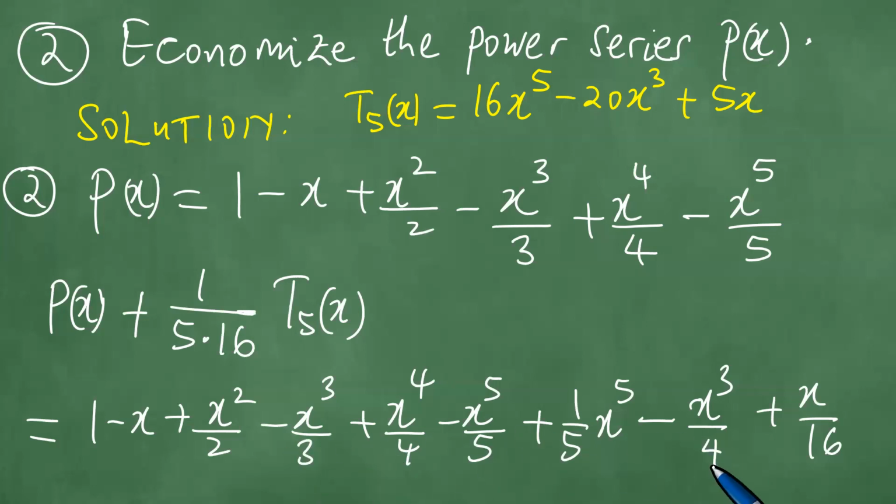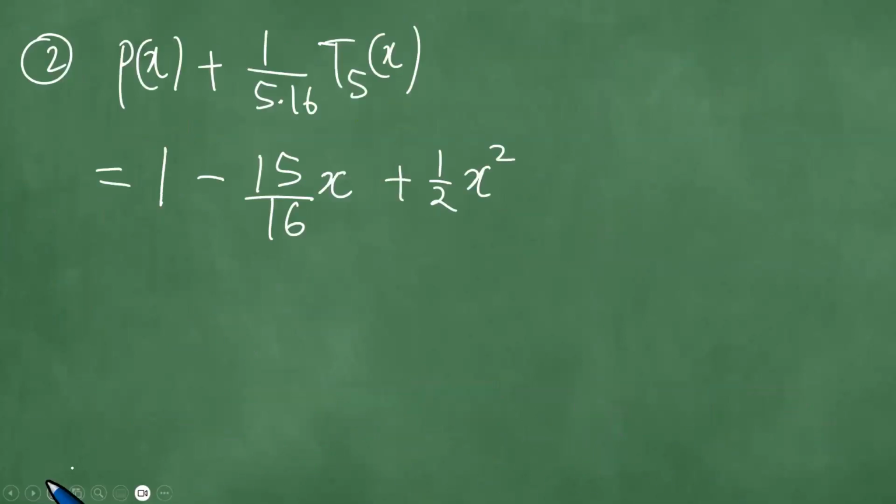So minus 1/3 minus 1/4 is like minus 4 minus 3, which is minus 7 out of 12 x cubed.